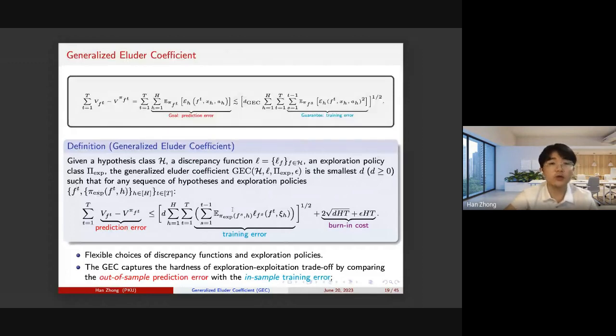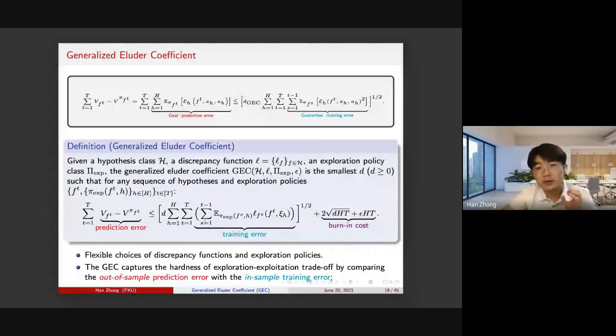Compared with the simplified GEC, we have an additional burn-in cost. We can just ignore this burn-in cost since we can usually choose epsilon as a small quantity, for example epsilon as 1 over HT, and then this will not be the leading term in our final result. Compared with the simplified GEC, here we have a general discrepancy function.